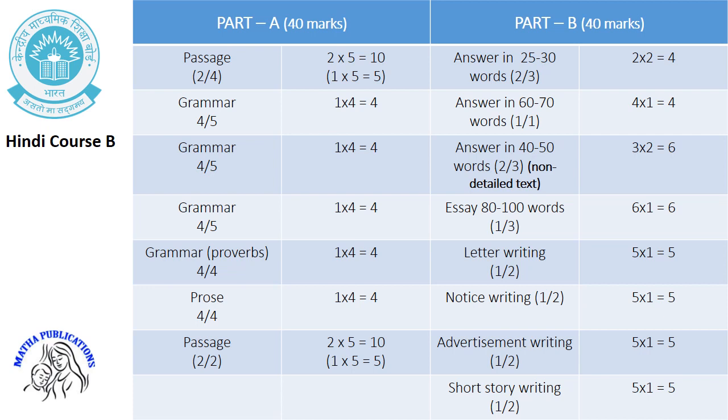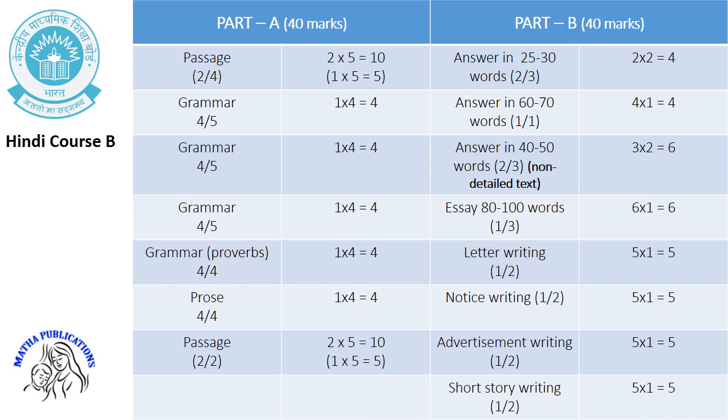In part B, you need to give descriptive answers. In this part, you need to answer 3 question and answer sections. In the first section, you have to answer 2 questions out of 3 in 25 to 30 words, each carrying 2 marks.